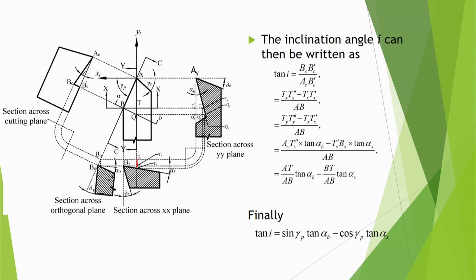So that is how it is Tx double dash minus Tx dash. Tx is the lowest point here, and Bx is at the same level as Tx dash. So you are getting Tx double dash minus Tx dash divided by AB.